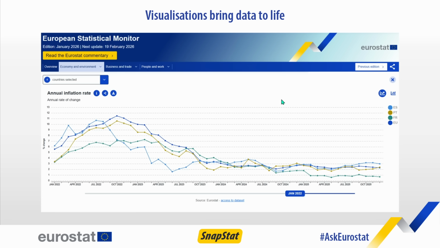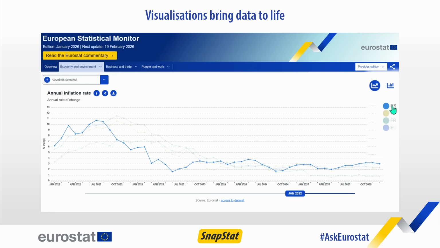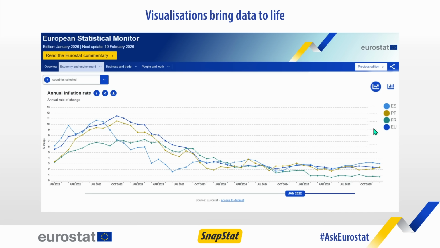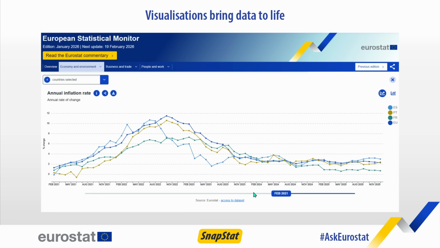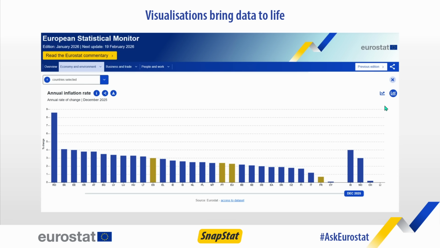I can see exactly the evolution of the country that I have selected, or my favorite country, for instance, here Spain or Portugal, France. I can further customize this view by adding more years, or I can even display the view in the form of a bar chart.